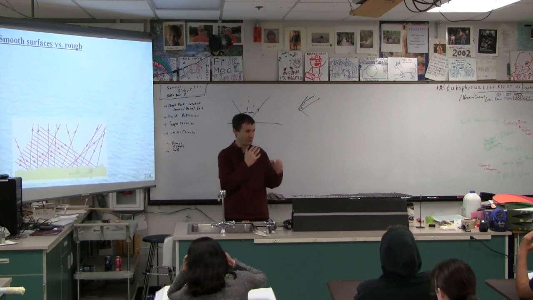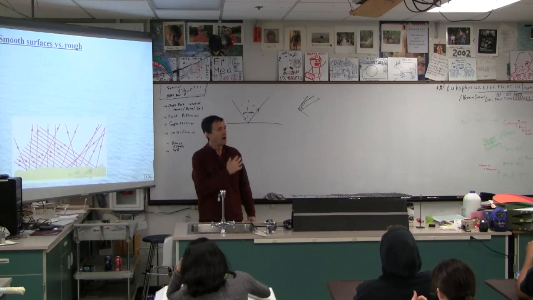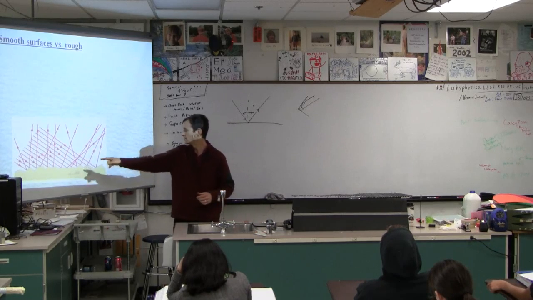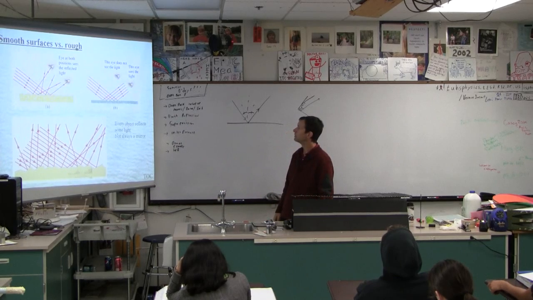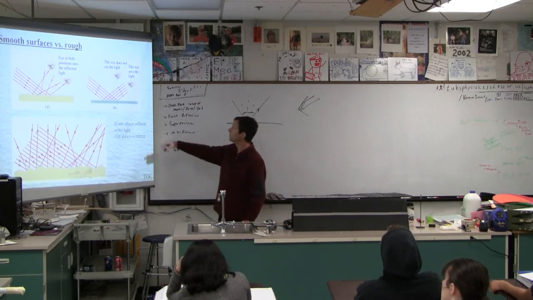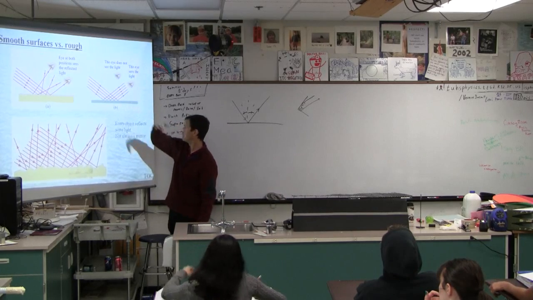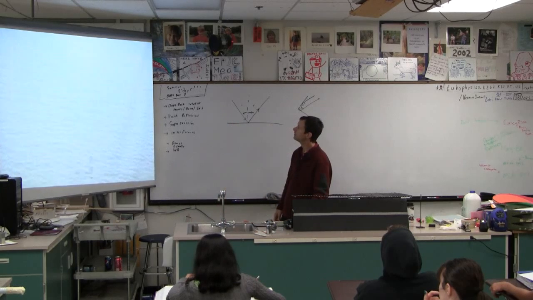It's reflecting some light, but I can't see myself in the jacket because the fabric is rough, right? But if it were a mirror, then if these rays stay parallel to each other, they'll make that image again, right? You can see yourself in the mirror.